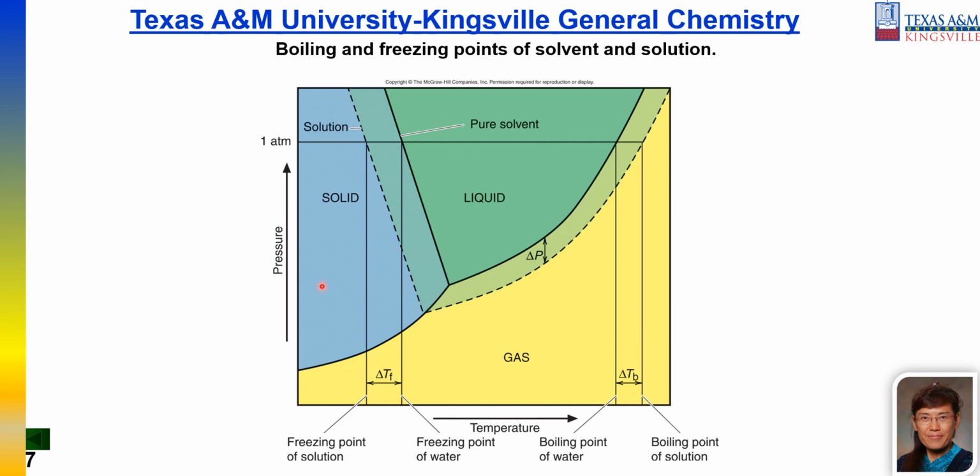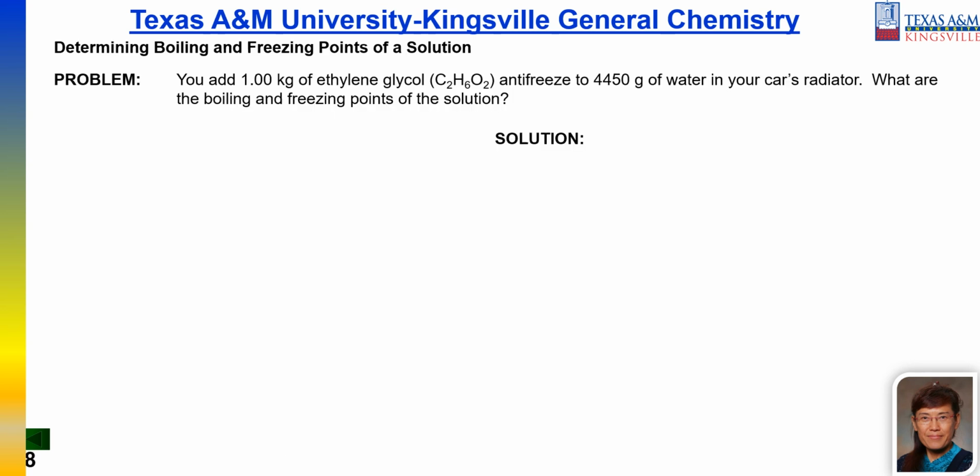I showed you this diagram corresponding to your phase diagram, so you can determine why your freezing point is going to be depressed or lowered, and the boiling point is going to be increased.